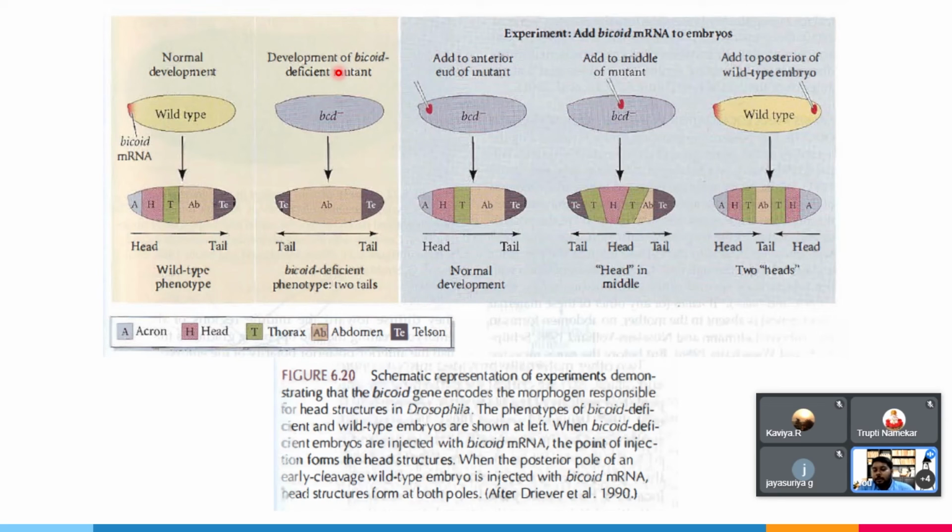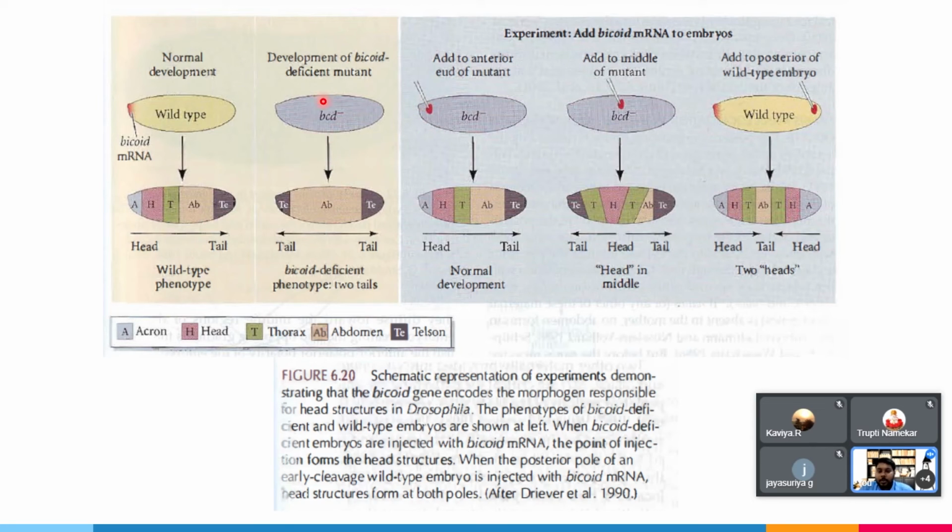The experiment involved taking bicoid mRNA and adding it to different portions of different embryos and trying to see what exactly the effect is. So the first experiment was, bicoid mRNA was taken and injected in the anterior portion of bicoid mutant embryos.